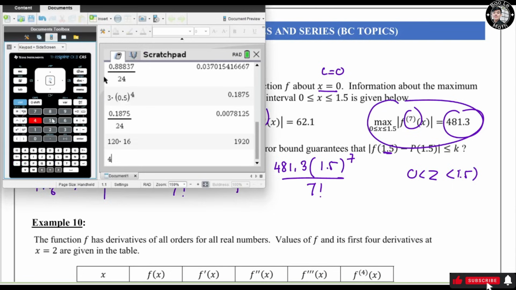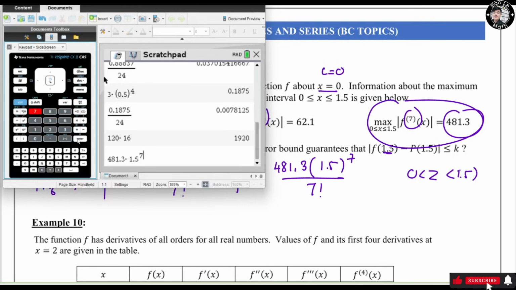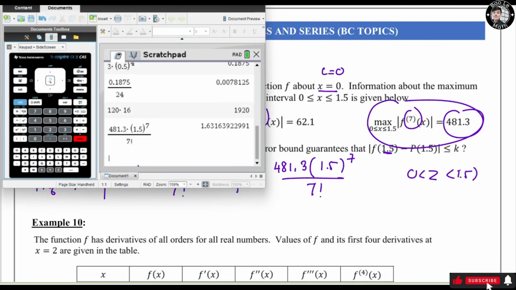You have 4h1.3 times 1.5 raised to the 7, then you need to divide by 7 factorial. So press the button right here, hit the factorial and press Control Enter. The answer is 1.631.